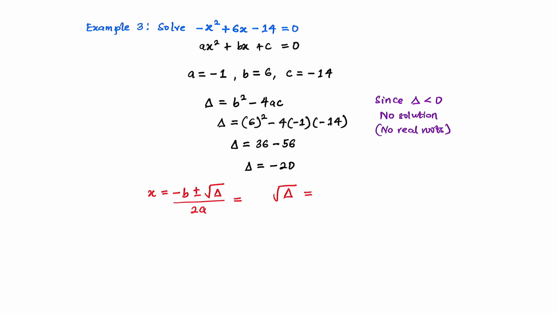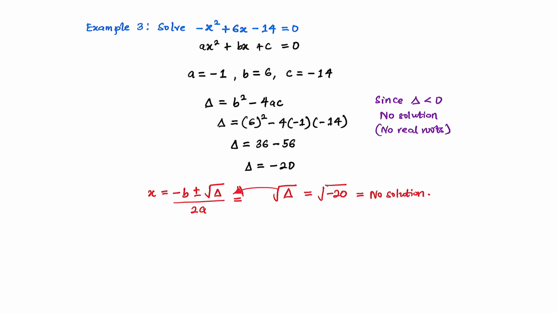And the square root of delta will mean we are taking the square root of negative 20. And we can't have a square root of a negative value, so hence why we have no solution. And since the square root of delta has no solution, there is no way for us to use it to find the value of x.